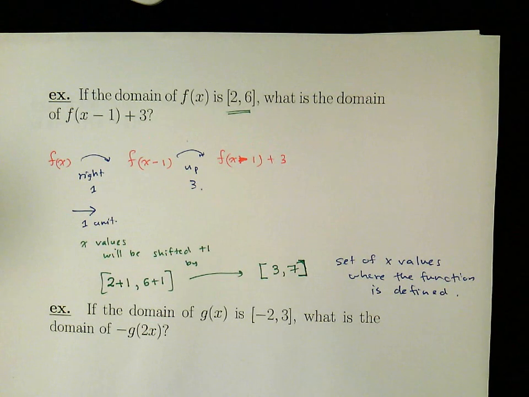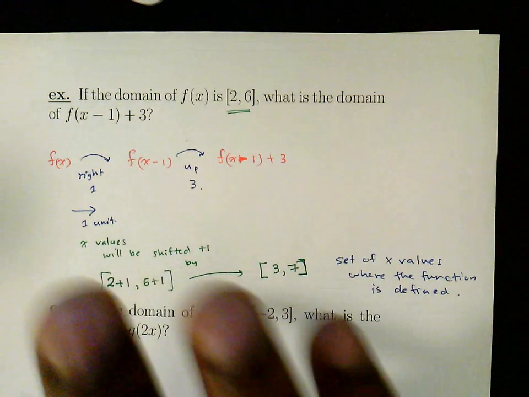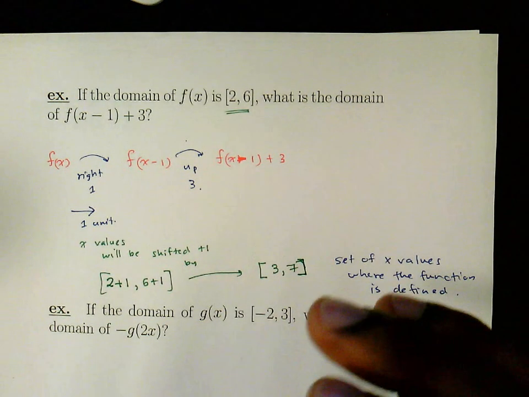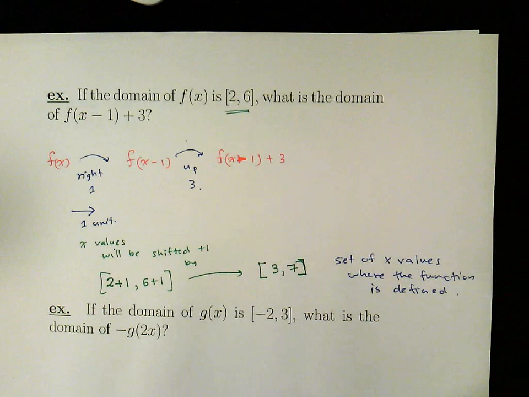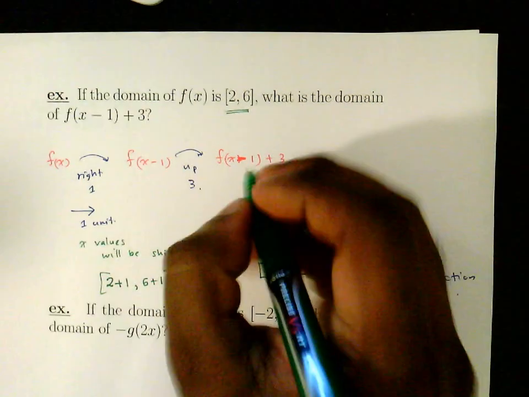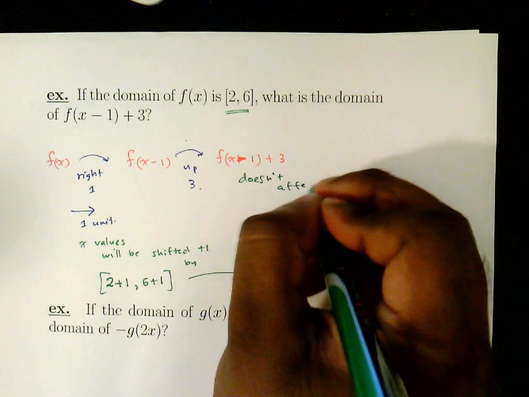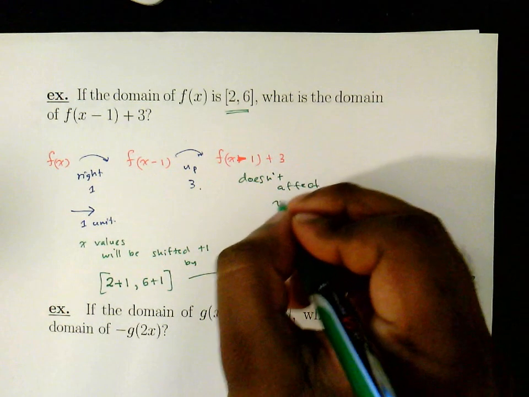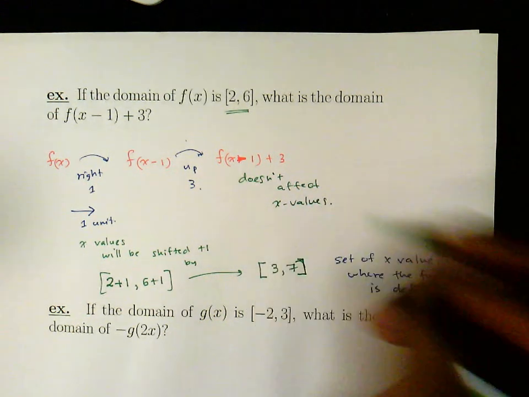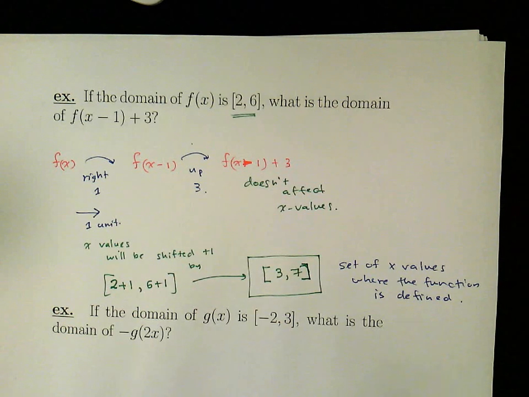And then the up 3 is a vertical translation, and a vertical translation does not affect any x values. So it doesn't move, so the domain would remain at 3 to 7.